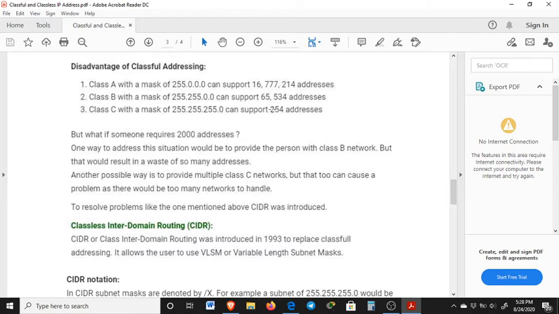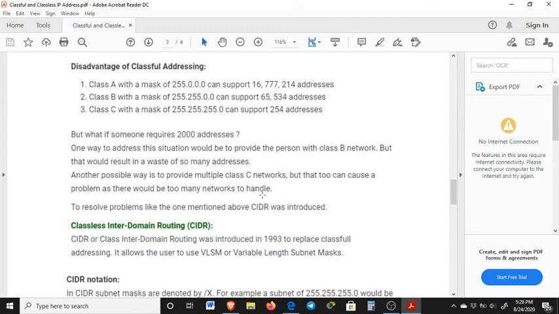Imagine how many networks you are going to create, and you need to take care of all those subnetworks just to get 2000 IP addresses.